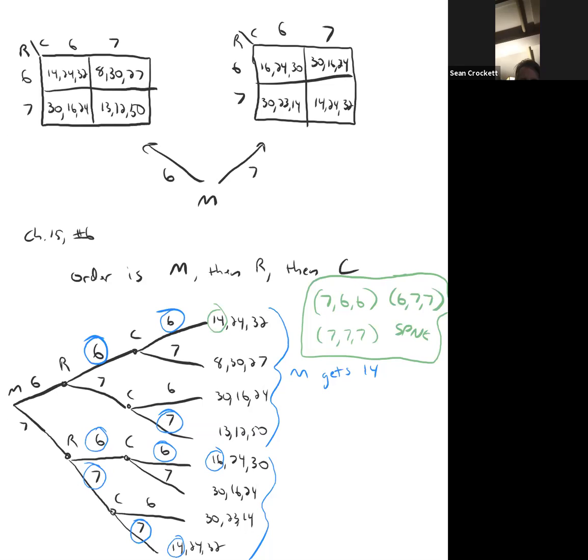So there's two types of mixed strategy equilibria. One is where player M chooses 7, and the other two mix, R and C, 6 and 7.